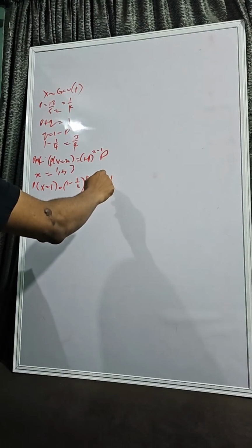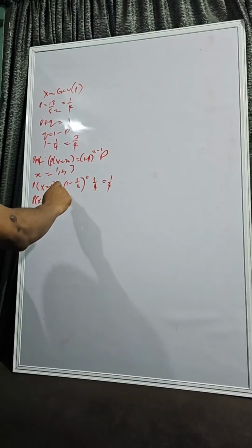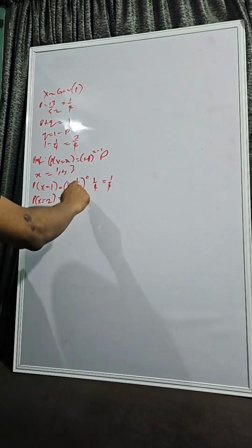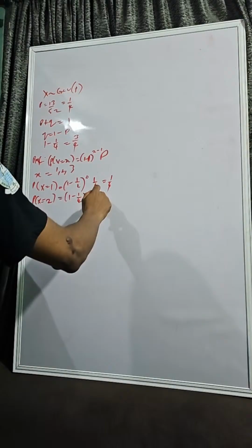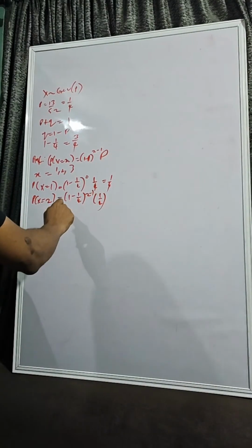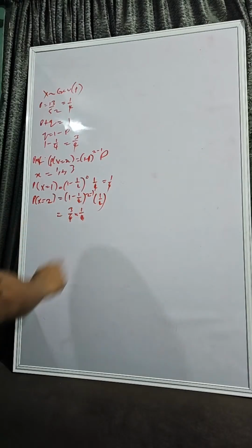So this will give 1 over 4, because anything raised to 0 is 1, and 1 times 1 over 4 is 1 over 4. If we want to find the second one, x equals 2, this will be (1 minus 1 over 4) raised to 2 minus 1, which is 1, times 1 over 4. So this will give you 3 over 4 times 1 over 4, and so on and so forth.